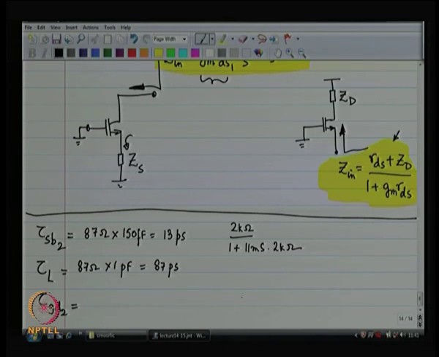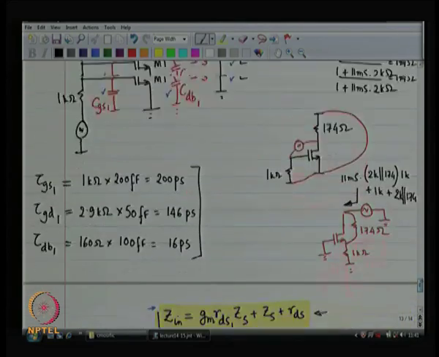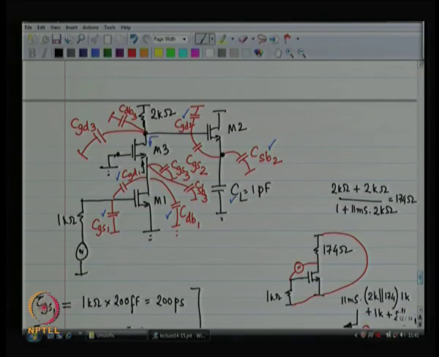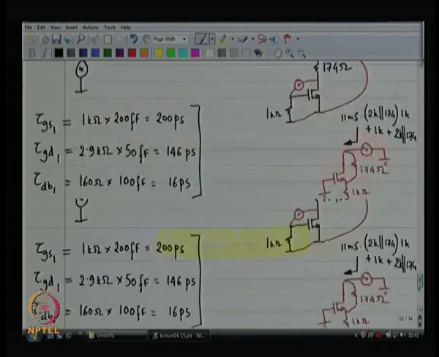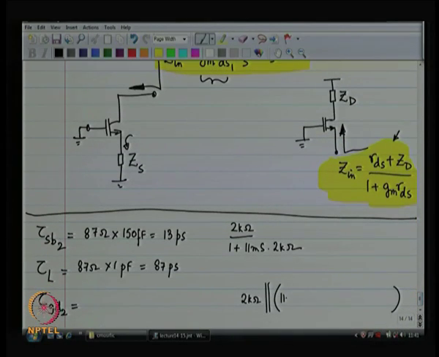So, it is basically GM3 RDS3 times RDS1 plus RDS3 plus RDS1. Right. So, that is your resistance.